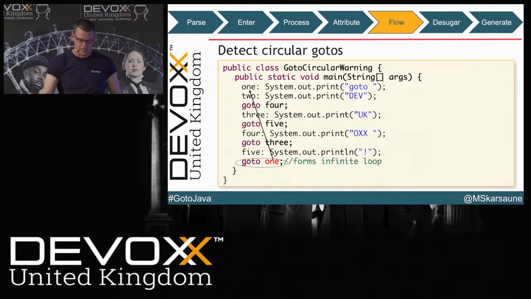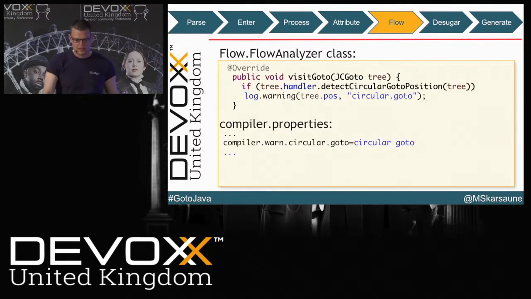So in our case, we said we wanted to detect if there is a circular goto, a potential indefinite loop here. And then there's a visitor for that as well, that we override. And we have this method in the helper object that uses the knowledge of the sequence and the relations to traverse them and see if it ever comes back to the same position.